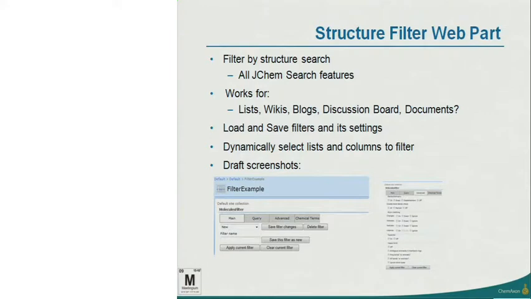You will also be able to load and save the query criteria you specified and look at them in a tabular form. And of course, you will be able to use all the advanced query features that JChem Base offers.